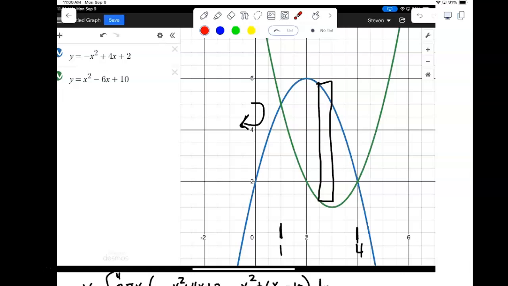Just like there are going to be some shell problems where you're not going to want to use shells. In fact, a lot of the ones we did in the previous section with discs and washers were optimal for discs and washers. So hopefully this gets you started, and we're just going to continue. In the next example that we look at, we're actually going to do it both ways.